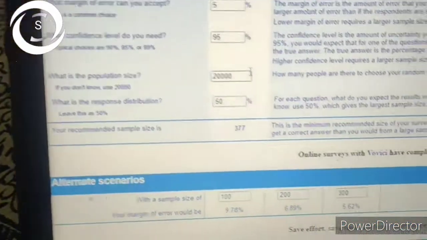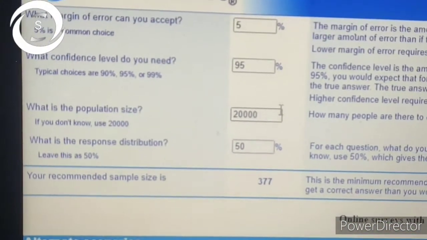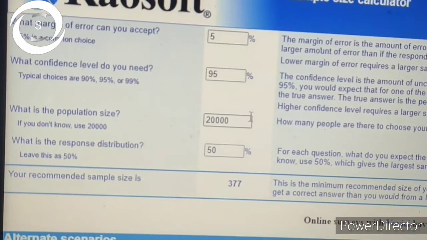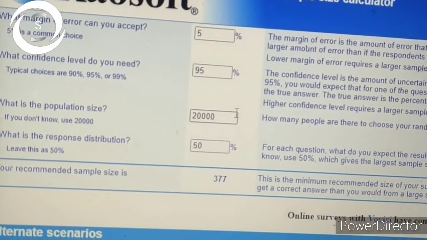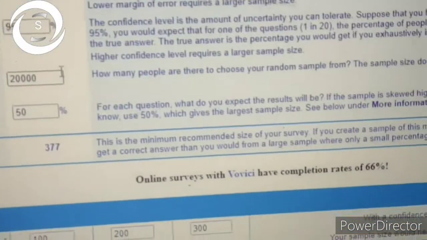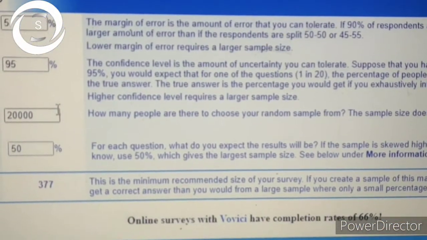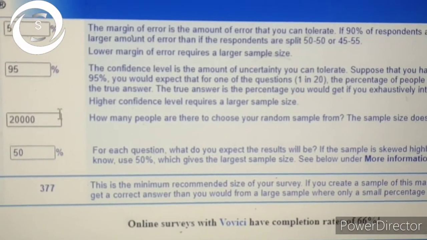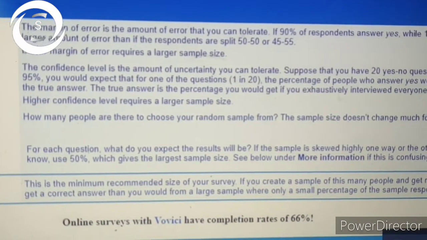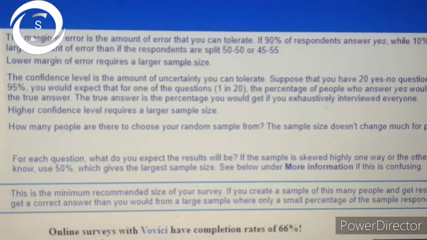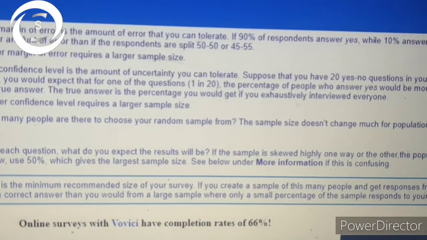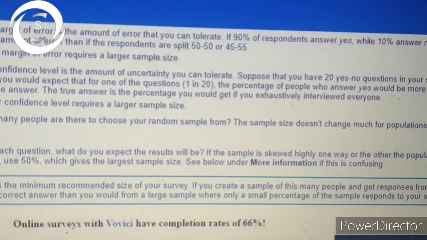Now here you can clearly see, I am enlarging it, what margin of error can you accept, and they have already written 5% is a common choice. Margin of error is also confidence interval, and most commonly 5% is used. And here it is also written that the margin of error is the amount of error that you can tolerate. If 90% of the respondents answer yes while 10% answer no, you may be able to tolerate a larger amount of error than if the respondents are split 50-50 or 45-55.